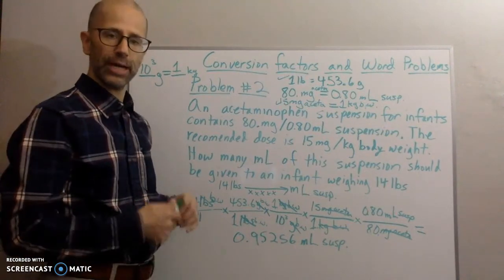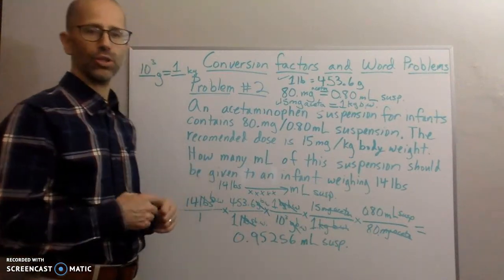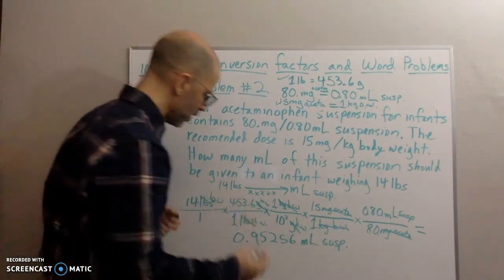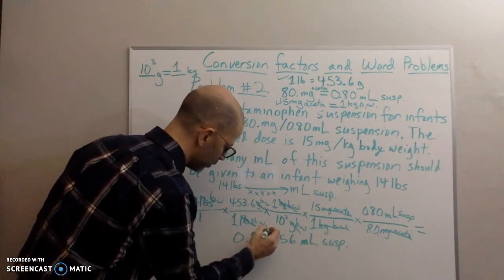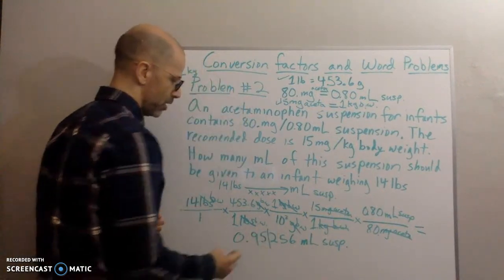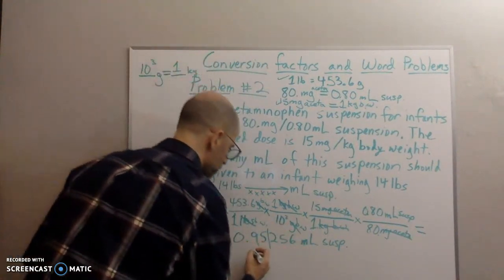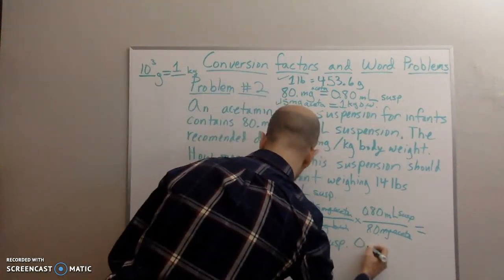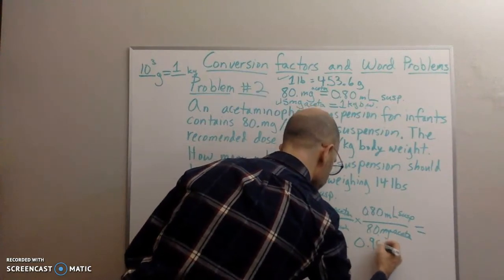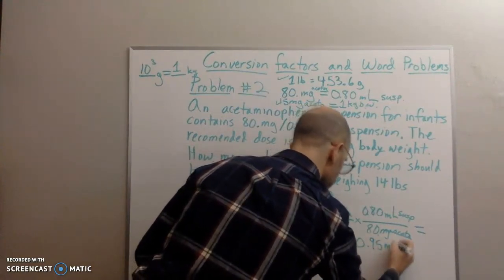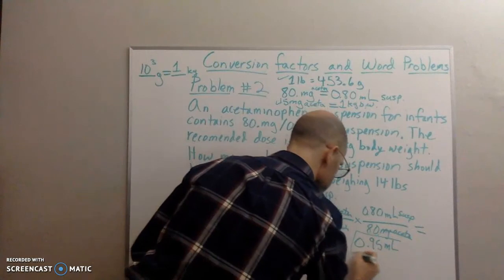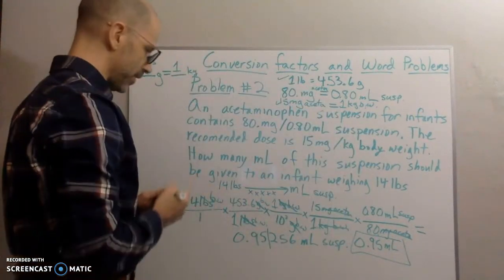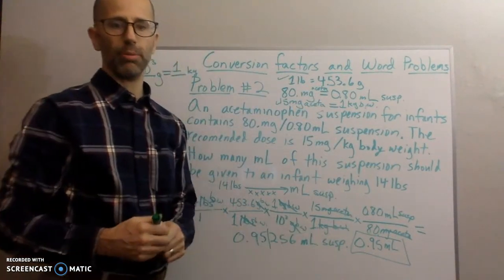That means your answer cannot have any more than 2 significant figures. So we have 9 and 5. We cut it off at the 5, and we drop everything else. And so the answer then becomes 0.95 milliliters of the suspension. And that is the answer to this problem.